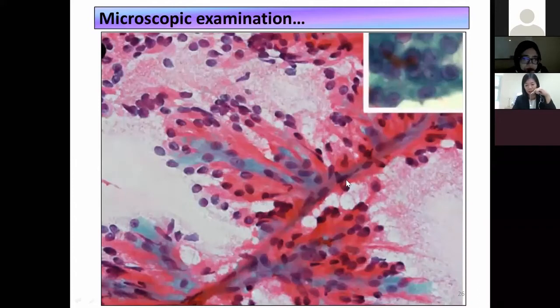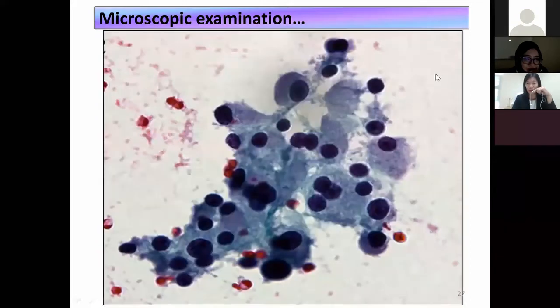At higher magnification, you can see that the cells are relatively enlarged, with mild to moderate nuclear pleomorphism, and most importantly, you can appreciate that they have a kind of powdery nuclear chromatin pattern, right? It's clearly seen, better seen here, and a nuclear groove is also noted.